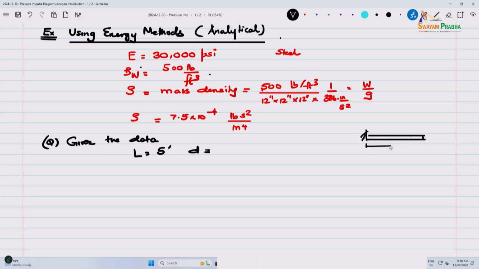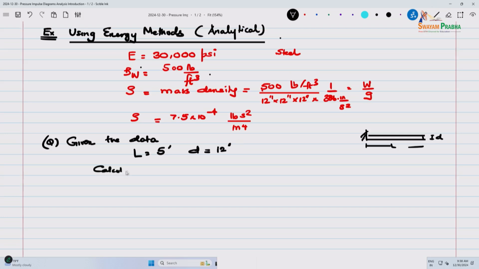So this is your L and this is the D. You can adopt it for other situations as well. So D is equal to 12 inches and you're given a variety. We'll take 2 or 3 different cases, a variety of PR and IR. So those are the 2 data.